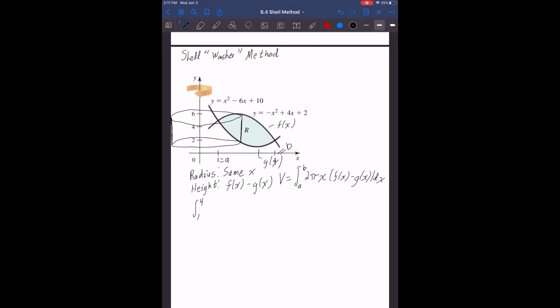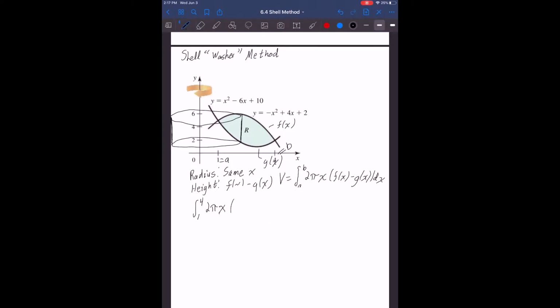So plugging everything in, we get that this is the integral from 1 to 4 of 2 pi x. And then we're just going to subtract our two functions in order to get our height. So we have x squared minus 6x plus 10, and we're going to subtract that. Oh, excuse me, sorry. This is kind of a confusing drawing.